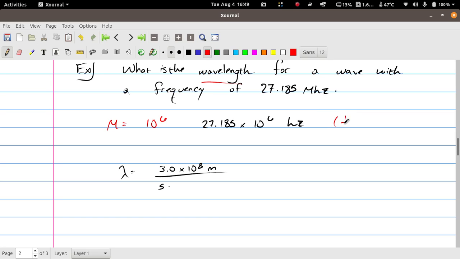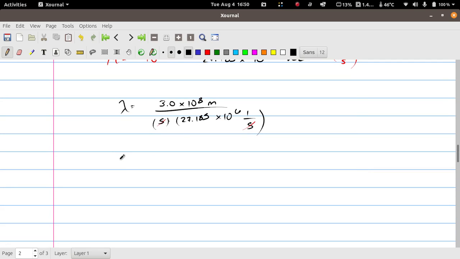So that's 1 over seconds. You would have 27.185, let's put this in parentheses, 10 to the 6, 1 over seconds. So because these are both on the denominator, we can just cancel the seconds out, and then we're going to find meters. So lambda equals, let me open my calculator.